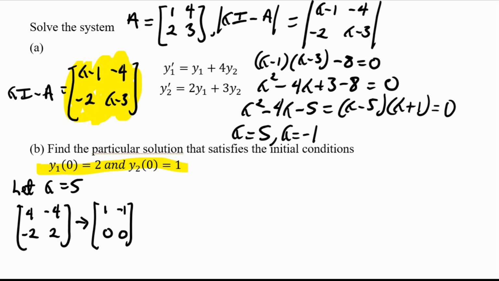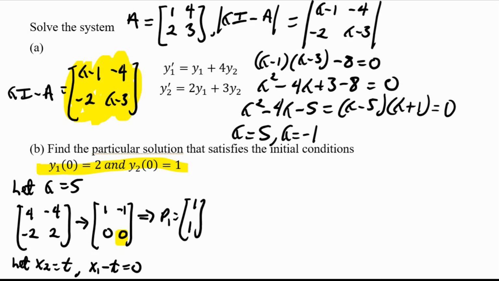So in doing that, the eigenvector, you see, let have a 0 here, so that's what you let to be the floating parameter. Let x sub 2 equal to t, and that first equation is x sub 1 minus t equal to 0. So this implies that p sub 1 is t and t, or just say 1, 1 times that t. That's fine.